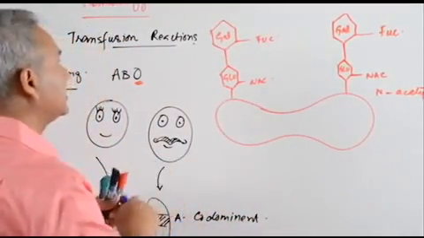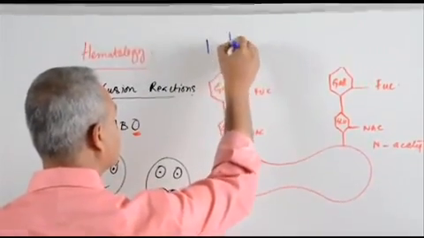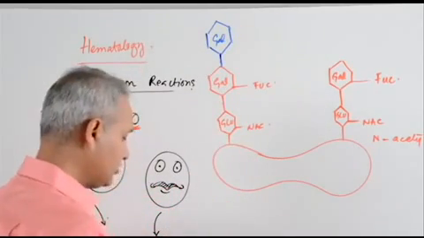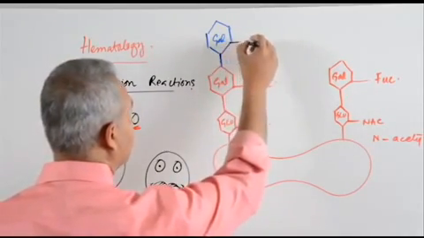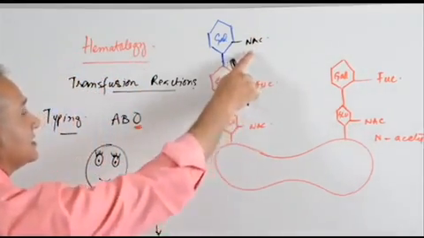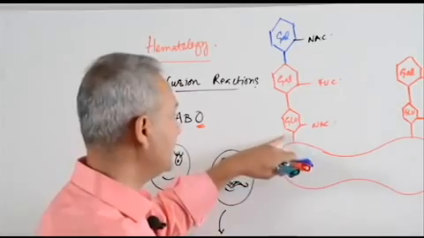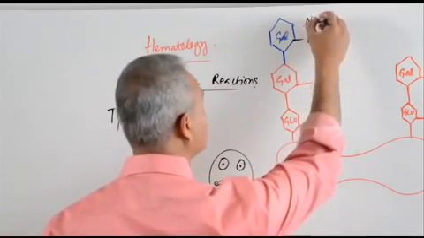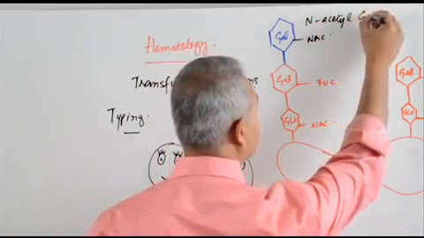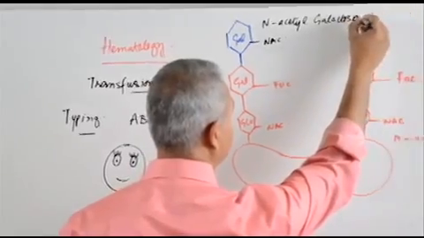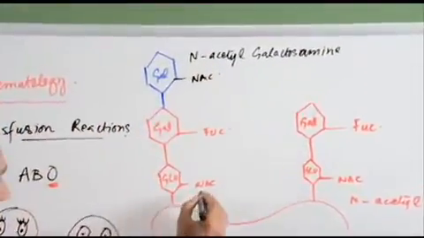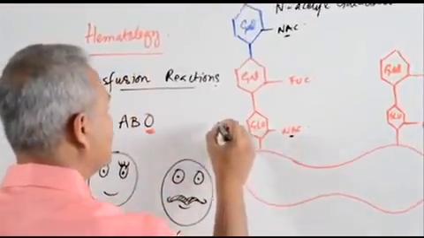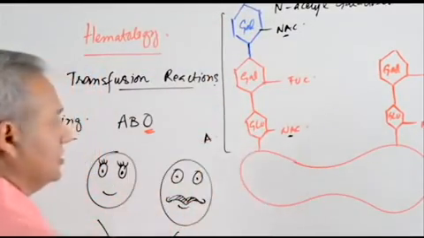On top of that is another galactose molecule, connected with N-acetyl as well, so we have N-acetyl galactosamine. Remember, this one is N-acetyl glucosamine and this one is N-acetyl galactosamine. So this is blood group A. This one is the A antigen.